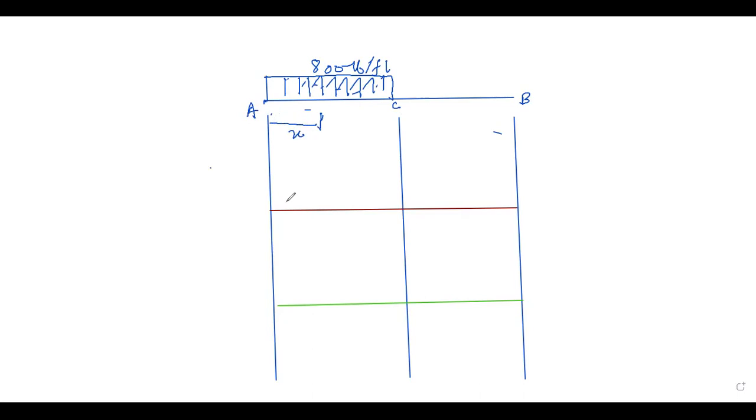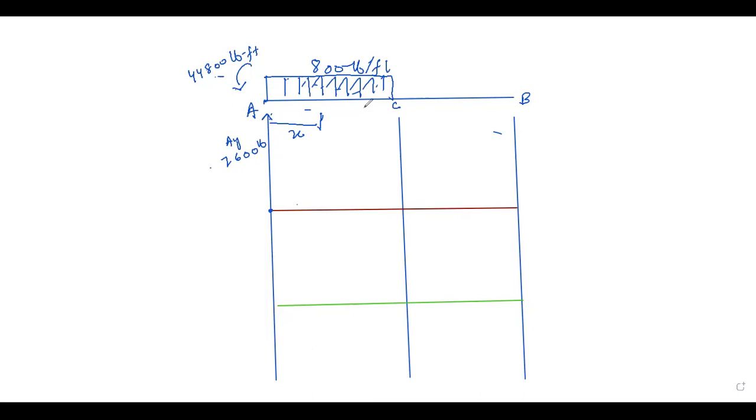Now we start from the 0 point, and AY we calculated as 7600 pound, and the moment we calculated anti-clockwise as 44800 pound feet. So start with the shear force diagram.